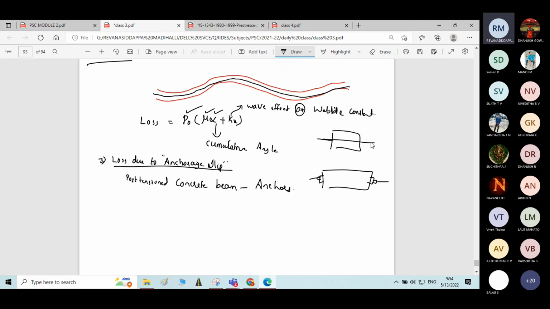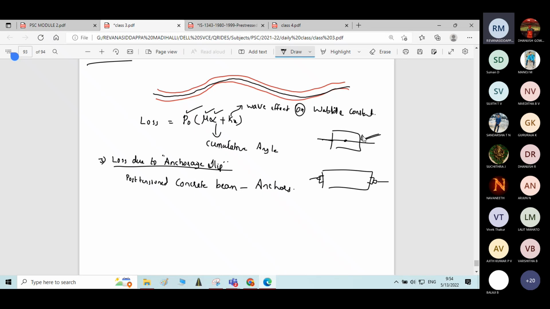There will be a tendon, and the tendon is stretched and released at the ends, so that due to the friction between the surface of the tendon and the concrete, the pre-stressing force will be induced. This is for a pre-tensioned concrete beam. So there won't be any loss due to anchorage slip for a pre-tensioned member.